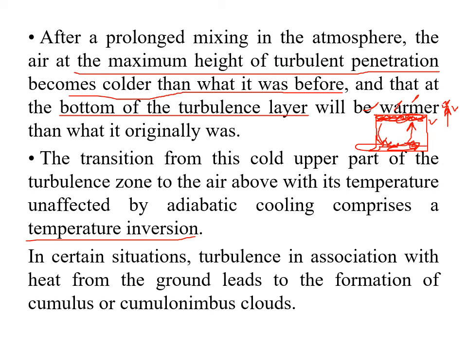So again we found a temperature inversion, that is, an increase in temperature up through the atmosphere. Now in certain situations, turbulence in association with heat from the ground leads to the formation of cumulus to cumulonimbus clouds.